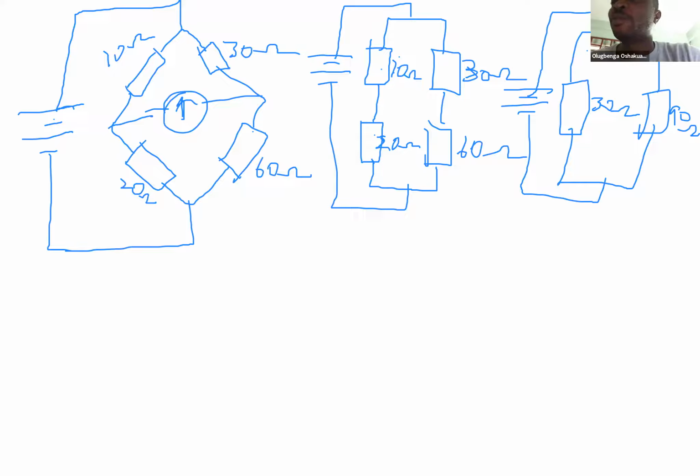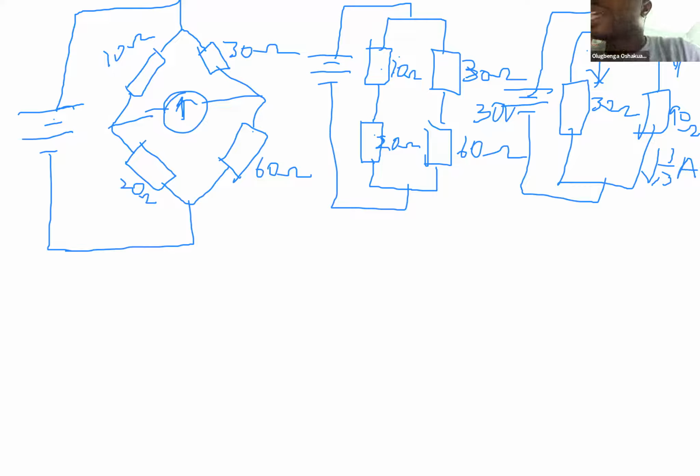Let's assume the voltage of the battery is, let's say, 30 volts to make our life easier. 30 volts means that the current that will flow through this 30 ohm resistor will be 30 over 30, 1 ampere. The current that will flow through this 90 ohm resistor will be 30 over 90, that is 1 over 3 ampere.